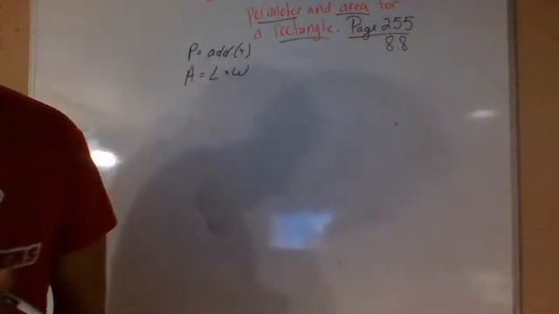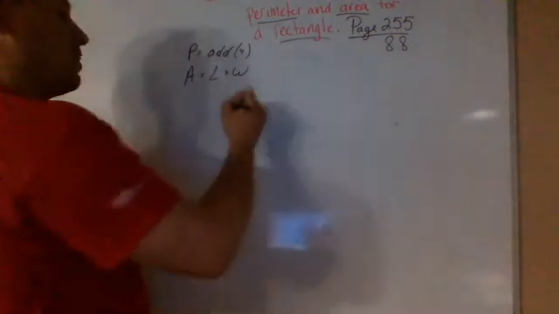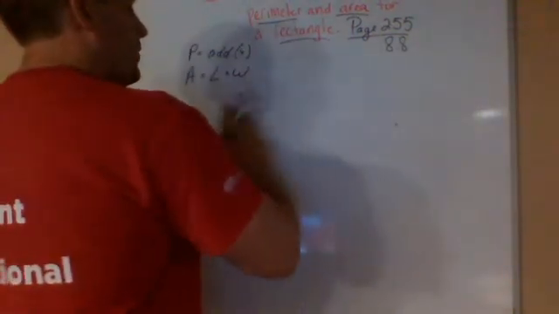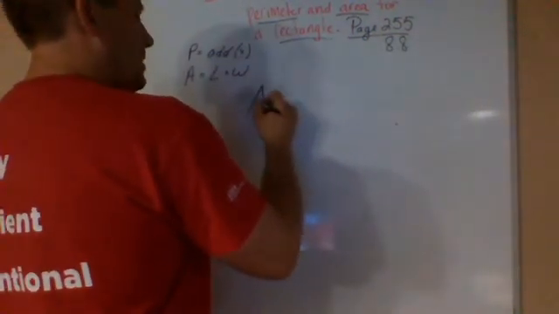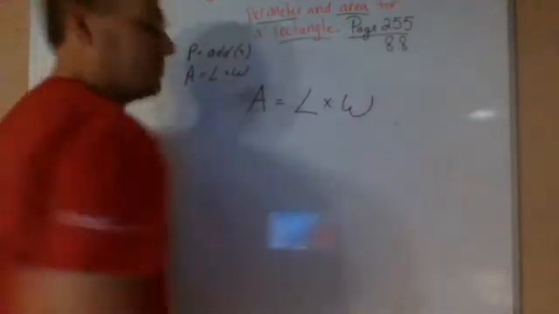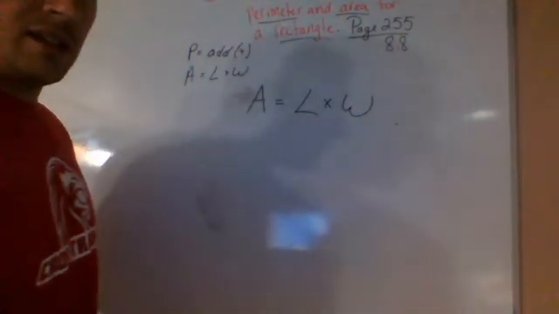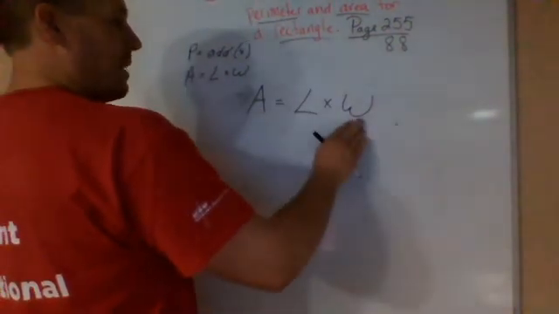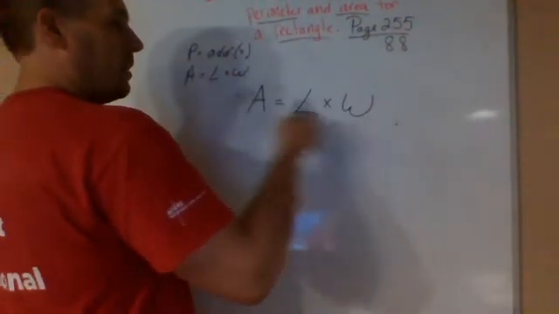All right. I want to do one more type of problem with you. Let me show you this first. If I say area of something is length times width, this is important because this will take you to the next level. If I say area equals length times width, I could take length times width and get my area.